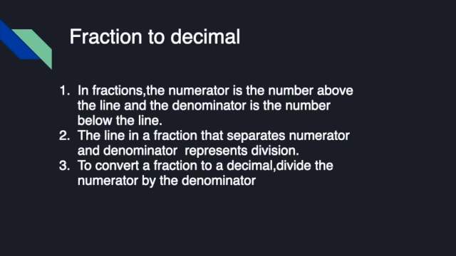As you can see, there are some steps. The line in a fraction that separates the numerator and the denominator represents division. It's dividing them. To convert a fraction to a decimal, divide the numerator by the denominator. So you have to divide them.